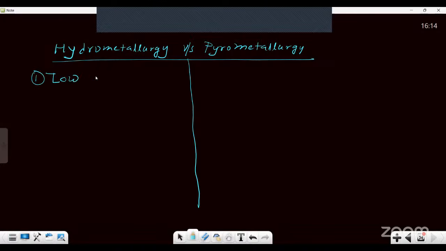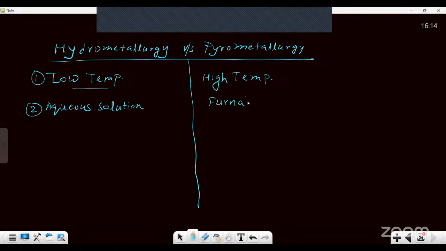It is comparatively at a much lower temperature, but pyrometallurgy needs very high temperature. Here we are using an aqueous solution. There we are using a furnace. Then, hydrometallurgy is highly selective.